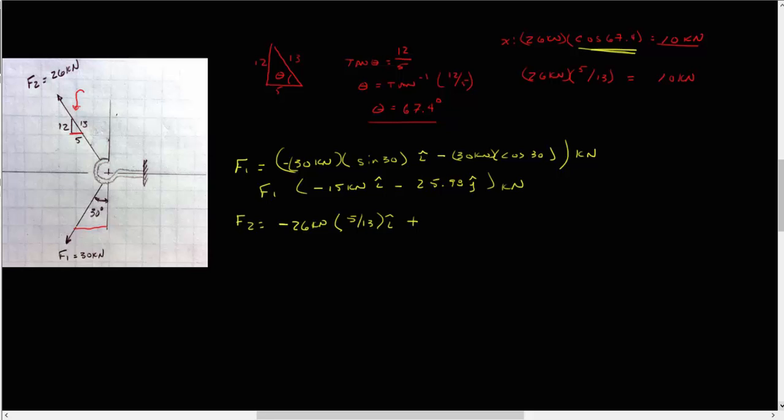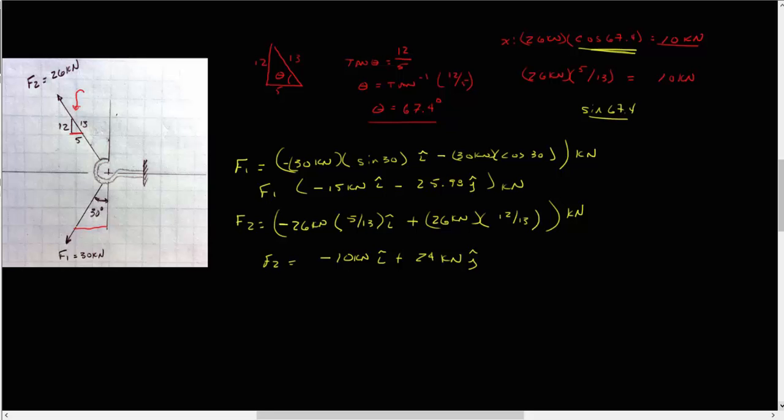Plus, now my y component of 26 kilonewtons times 12 over 13, or you could say the sine of 67.4 degrees as well, which would be the same as 12 over 13. And that's all in kilonewtons. So computing this out, I got negative 10 kilonewtons plus 24 kilonewtons, and that's in the i and the j.